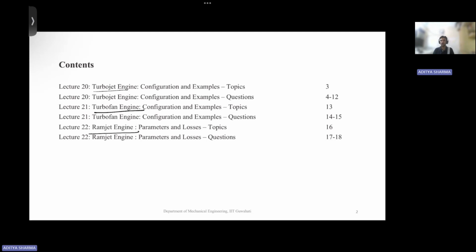Previously, also we have been introduced to these engines in this course. We shall see these engines again and discuss them. Then we'll take questions related to each lecture.